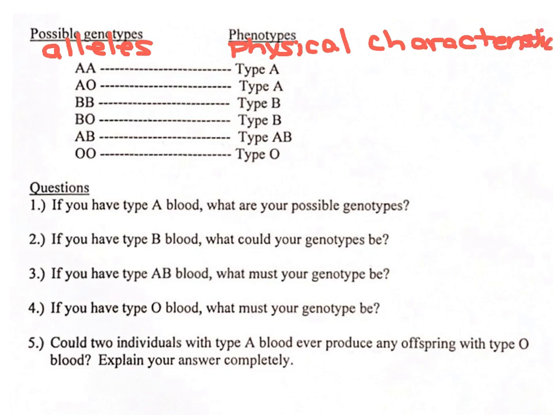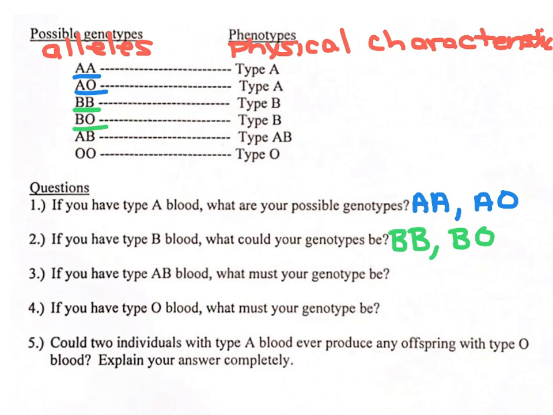So if we have blood type A, what are our possible genotypes? Well, looking at the above chart, we can see that there are two possible genotypes for type A. They could be AA, or we could have AO. So there are two possibilities. If they're blood type B, possible genotypes, again, we have two: BB or BO.